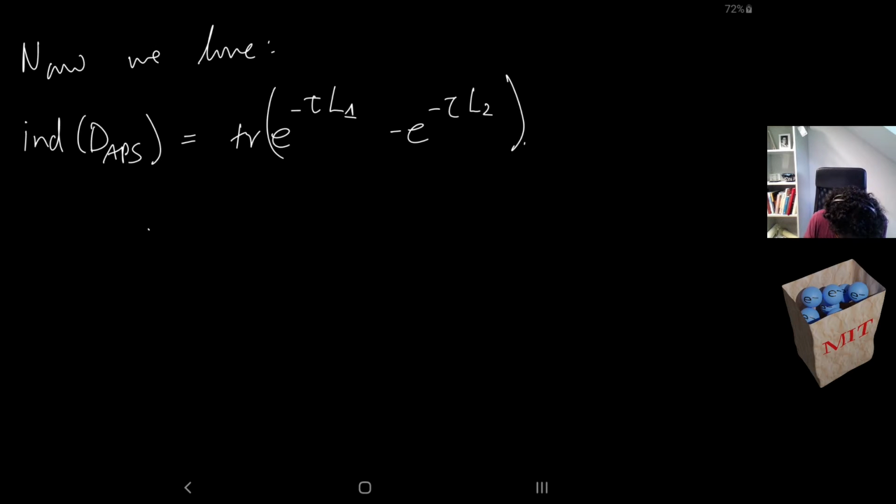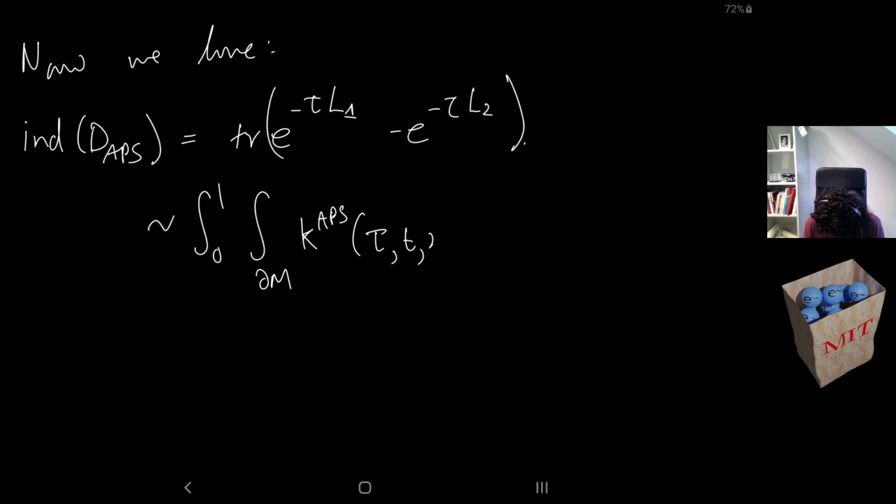And so in this notation we've just introduced, we can actually write this now as the integral from 0 to 1, integral 0 of the boundary of the K_APS of tau, t, x. So why did I put x?